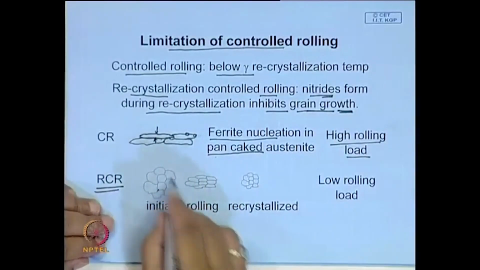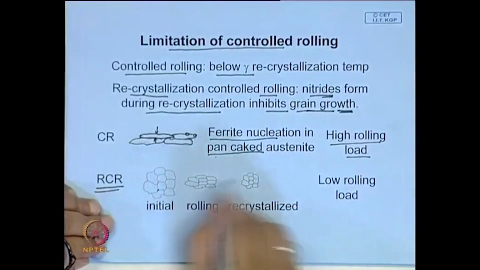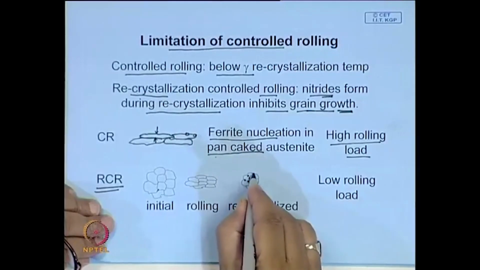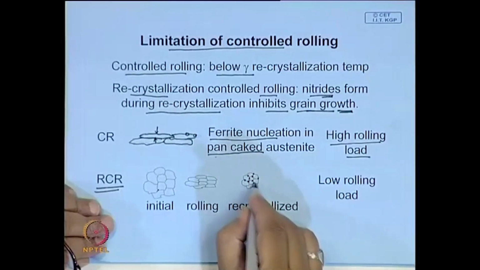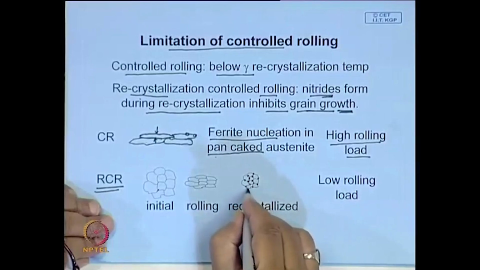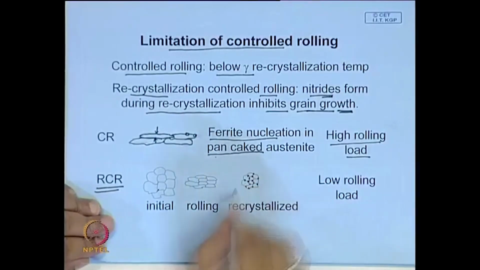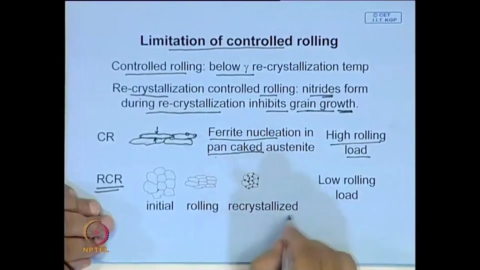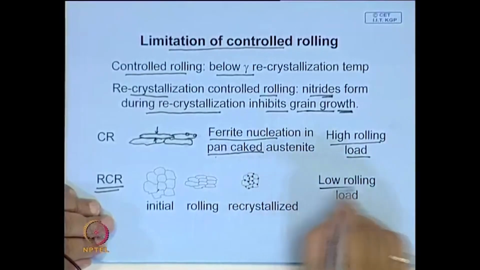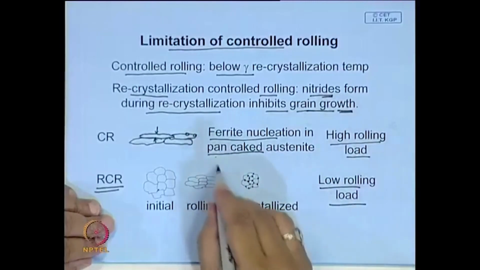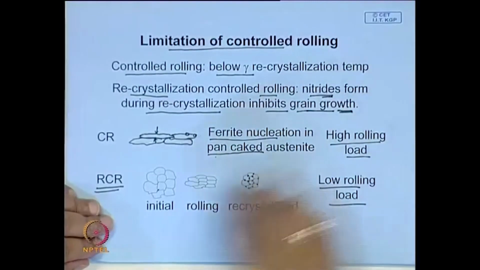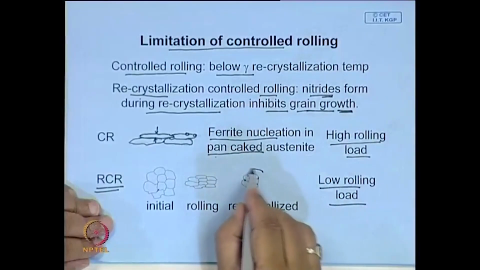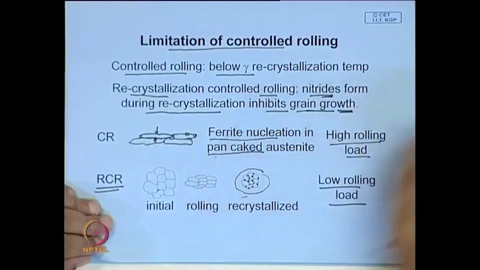This is the initial stage, you roll and then it is recrystallizing, and that is the time if these precipitates form, they will form here and block these grains, not allowing them to grow. So that you have fine recrystallized austenite, and here your rolling load is low, your finishing temperature is a little high, in the temperature zone where you have this precipitation taking place.